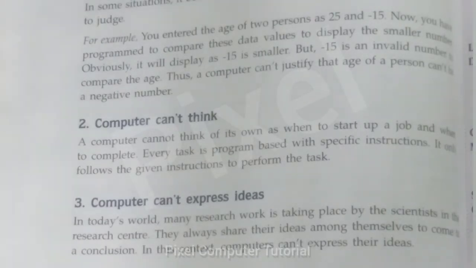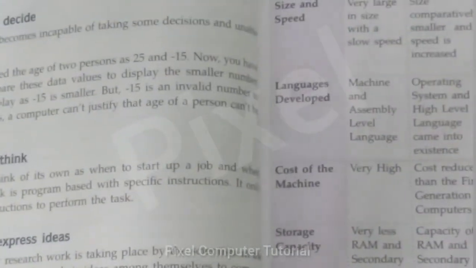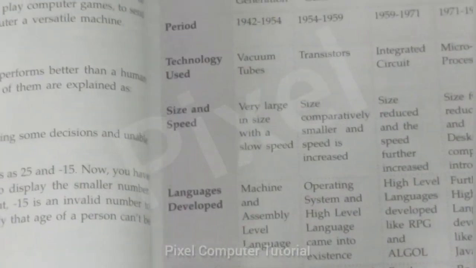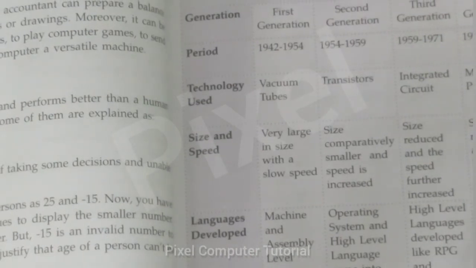So now quickly let's go at a glance about the generation, period, technical use, size and speed, language development, cost of the machine, storage capacity, etc. It's a quick review we are going through. Let's go through the first generation.